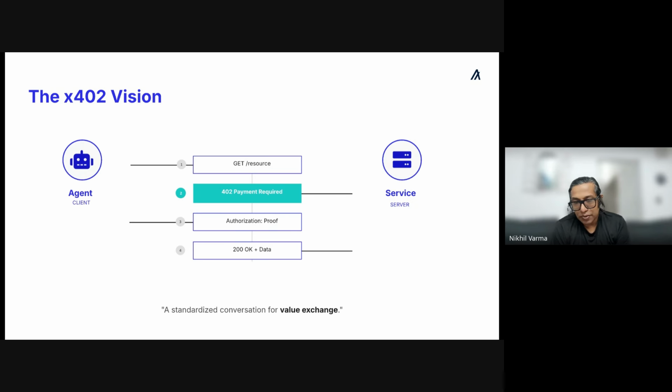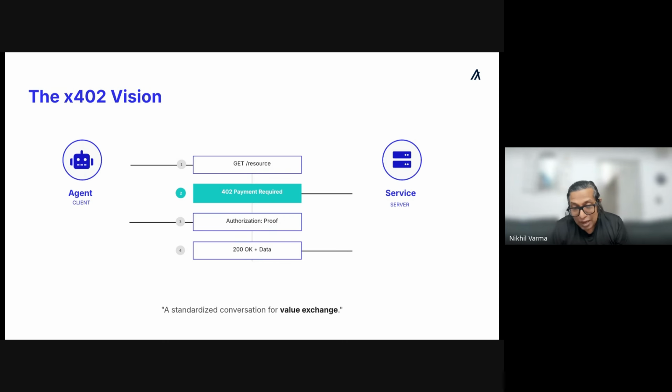Once the payment request is sent out, the client or the agent sends out a proof of the payment, saying yes, I have made a payment. This is the payment, and then finally it sends a 200. So this is the sequence of steps to do a value exchange.